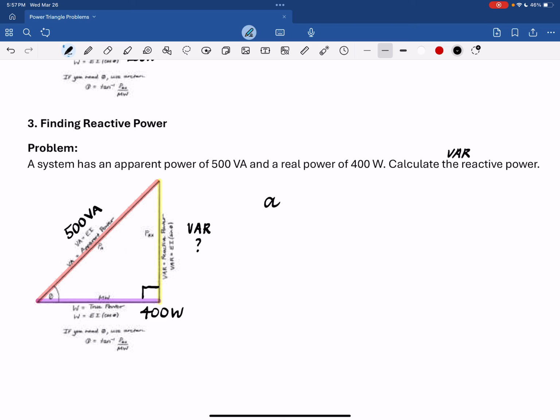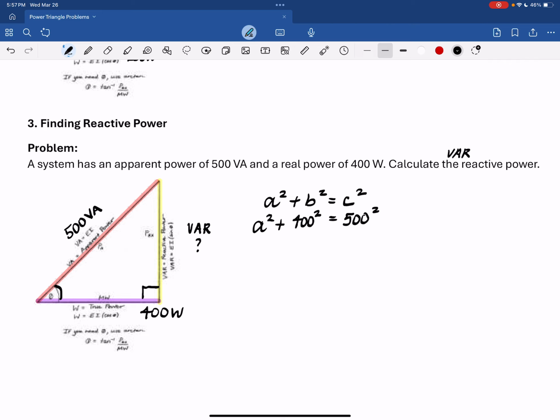This is Pythagorean theorem. It is not trigonometry because you do not know theta. Theta's here, but we don't know the value for theta. So this time I do know hypotenuse. I do not know one of the legs, but I know the other leg.